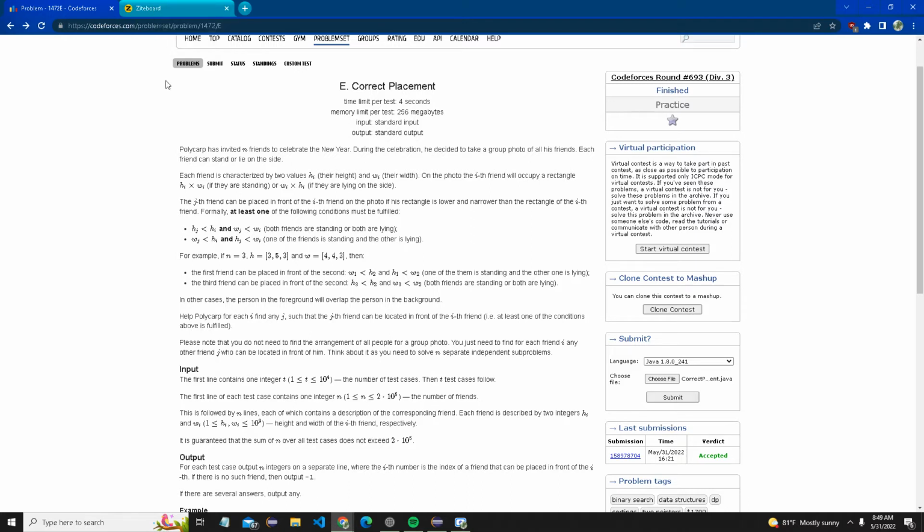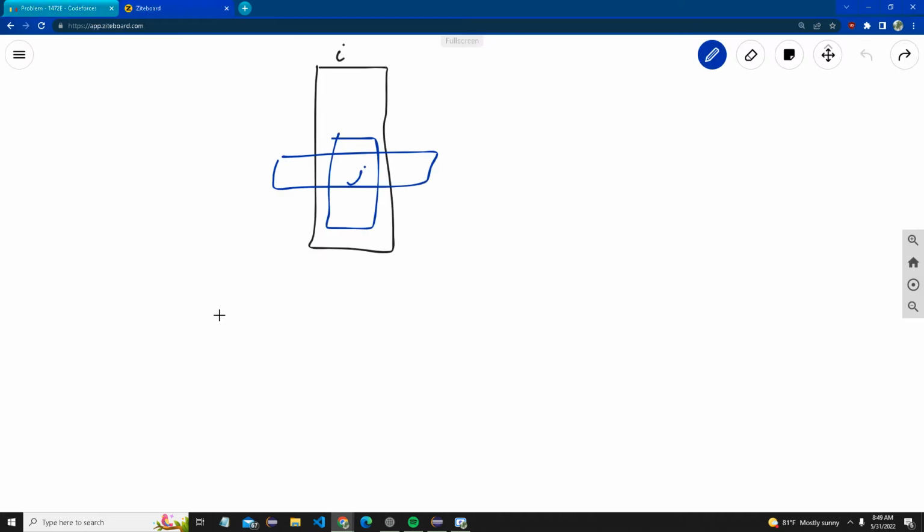Which brings me to a good point. If we're trying to fulfill these inequalities, when they give us h sub I and w sub I for a rectangle I, technically the value placed in h sub I doesn't actually have to be the height. I could easily swap w sub I and h sub I because I could rotate it, like this.